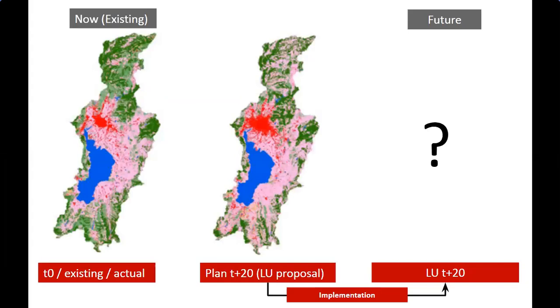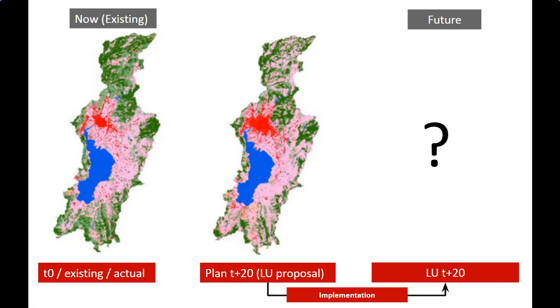So what is land use evaluation? I present here two pictures. Let's say the left map is the existing map of land use. We can say this is T0, or existing, or maybe actual land use.